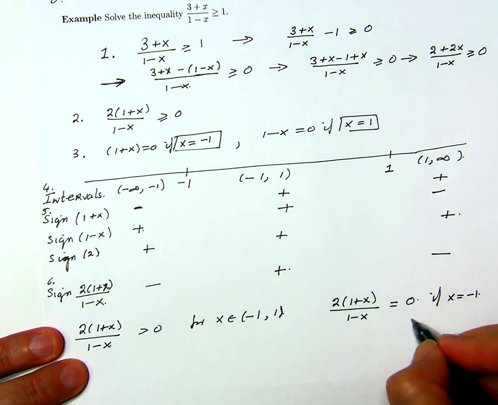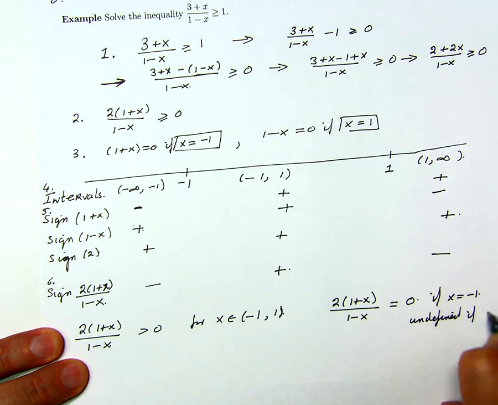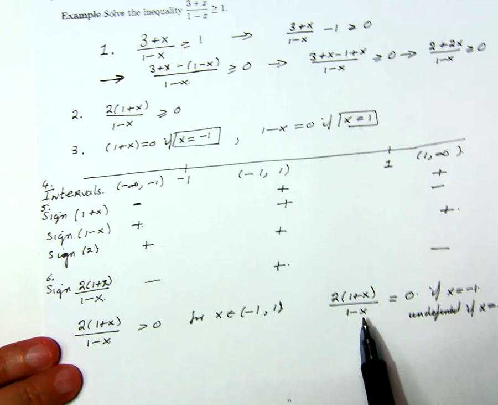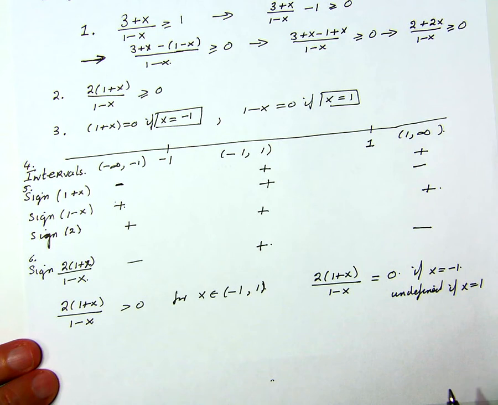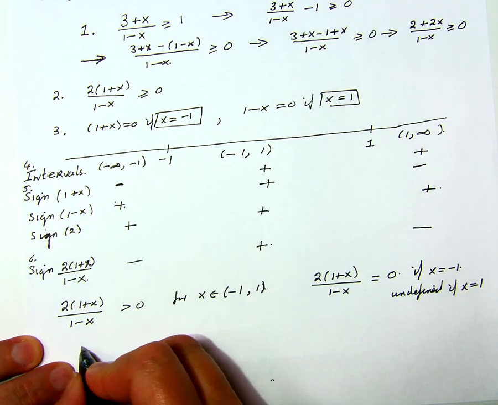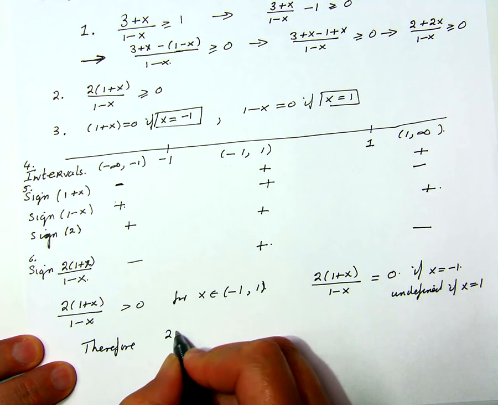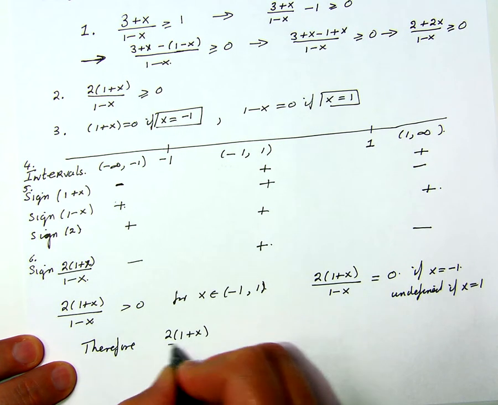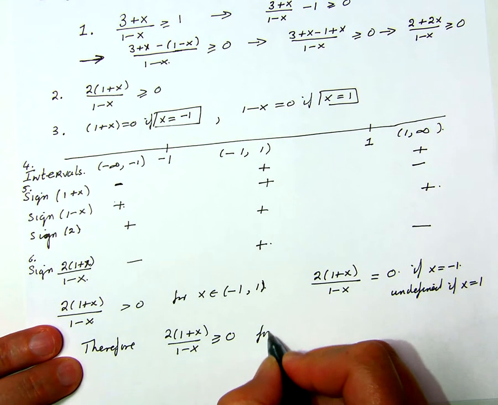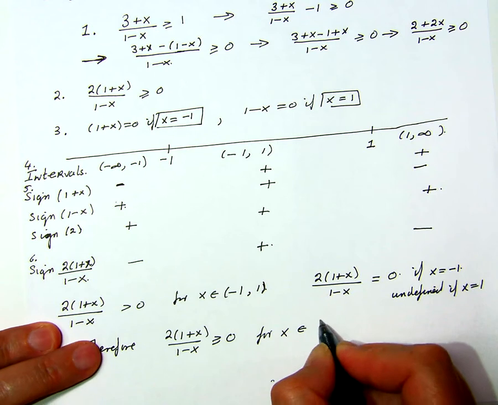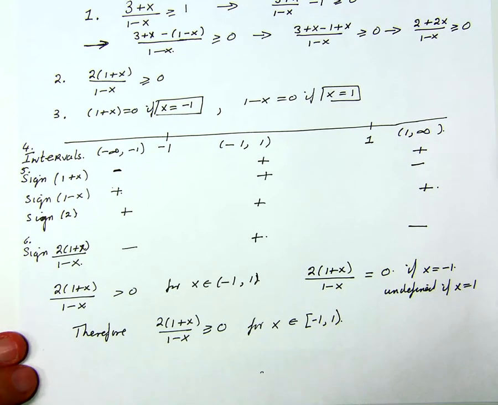And it's actually undefined if x equals 1, because remember this quotient is not defined if the denominator is 0. And so therefore, 2 times 1 plus x over 1 minus x is greater than or equal to 0 for x in the interval minus 1 to 1, including minus 1, but not including 1.